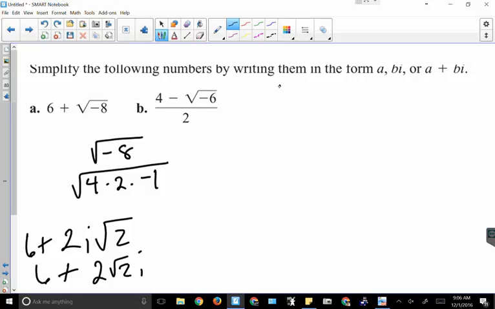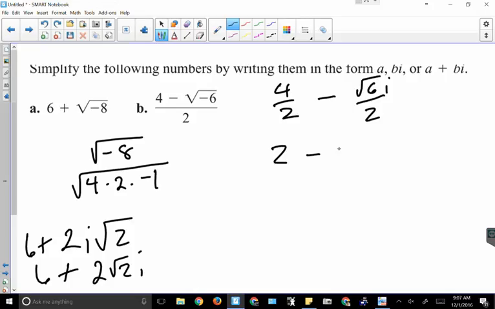Well, that would be 4 over 2, which is a plain old 2, correct? I got a negative square root of 6. Is there anything in the square root of 6 that can be taken out as a perfect square? And the answer is no. So this would simply be the square root of 6 over 2i. That's all it's going to be.